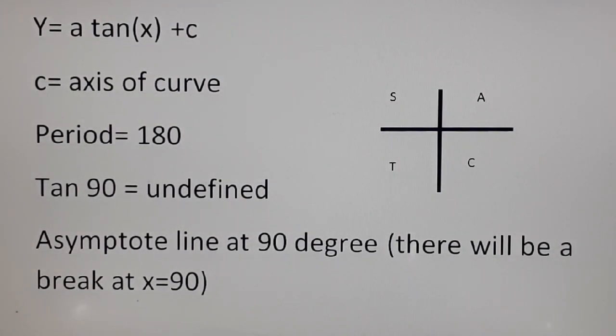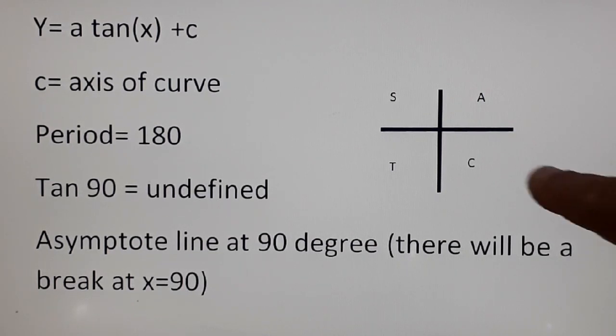In the coming example, you will see that when the curve approaches from 0 to 90, it gets closer to the vertical asymptote line, but it will not touch it. Similarly, after 90 there will be another part of the curve which approaches 90 but will not touch it. So at that point we have the break.